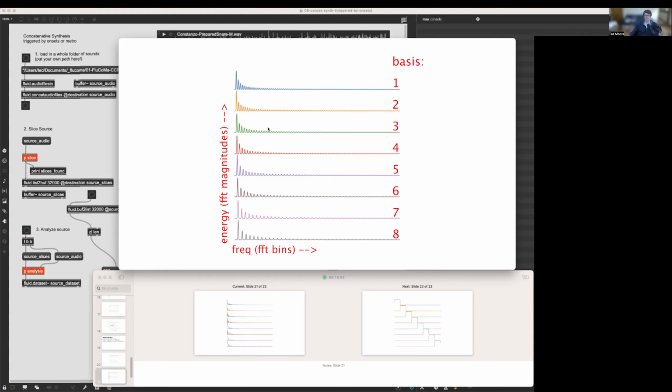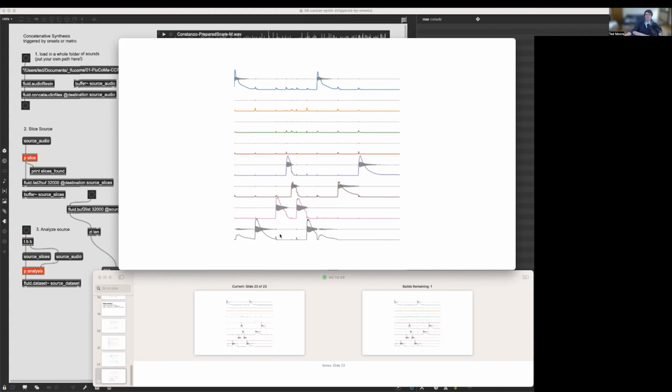So I have C, D, E, F, G, A, B, C. So then, if I decompose the scale, now I have the resulting decomposition of the melody, but they are now in order. This is the low C, this is the high C, this is D, E, F, G, A, B, C.